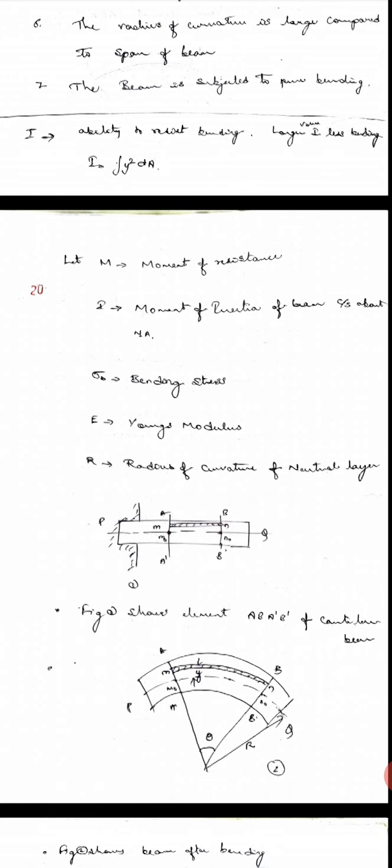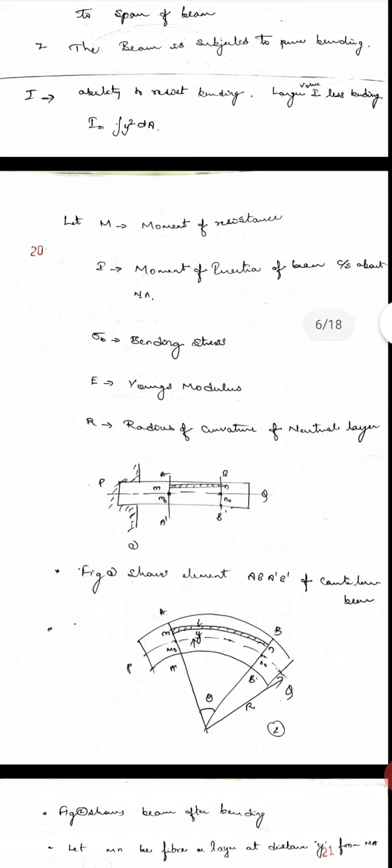That is before bending. The figure shows the cantilever beam after bending, A'B'. NO is the neutral axis. MN is the layer above the neutral axis at a distance y.